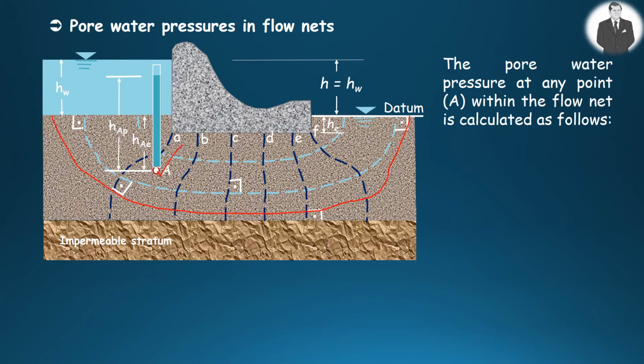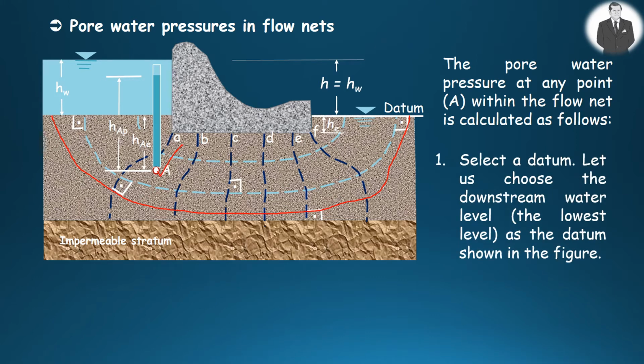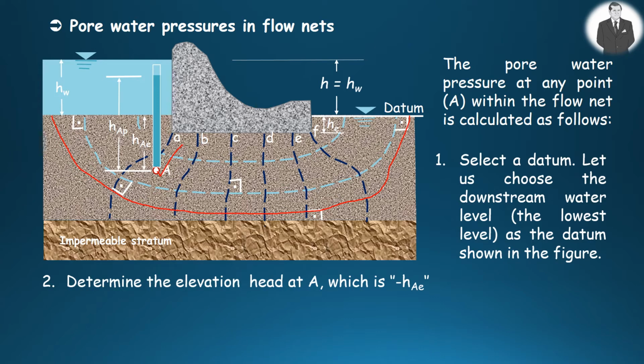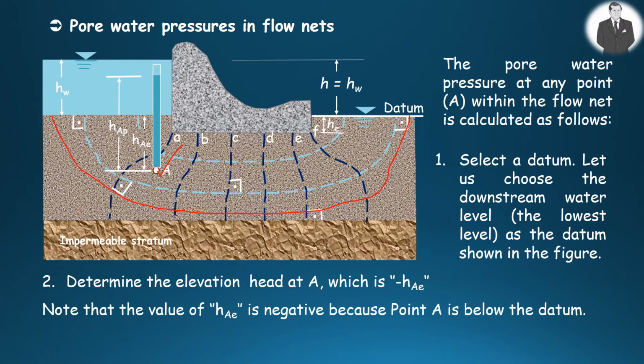Initially, we need to select a datum. In this figure, the datum is the downstream water level because it is the lowest water level. In the second step, the elevation head at point A is determined, which is minus HAE. It is negative because point A is below the datum, as shown in the figure.